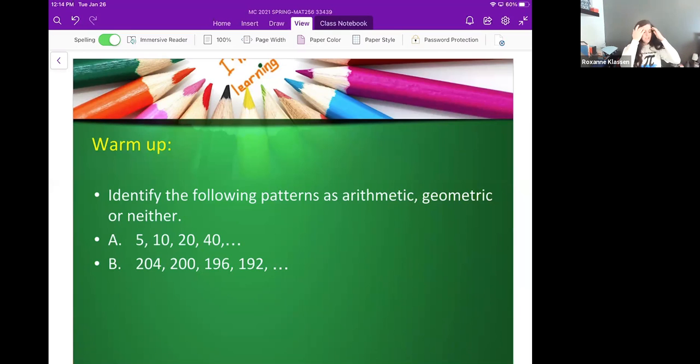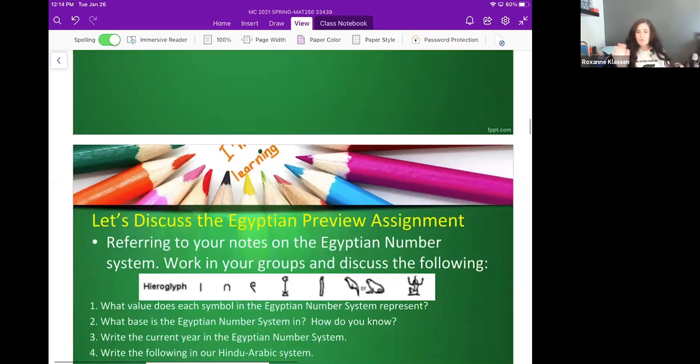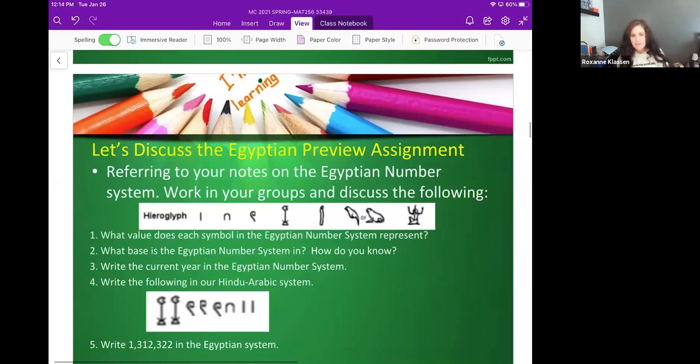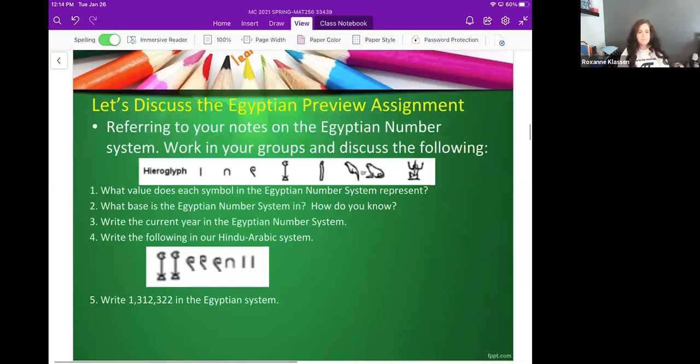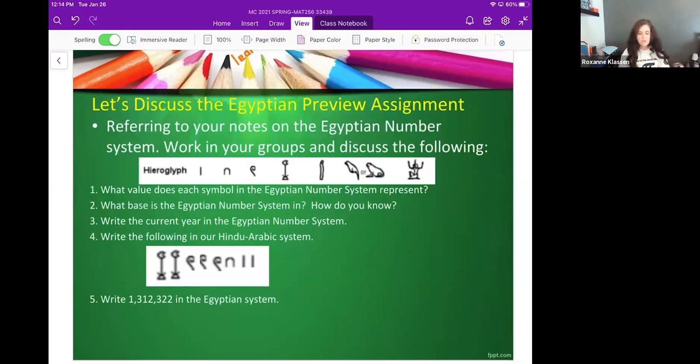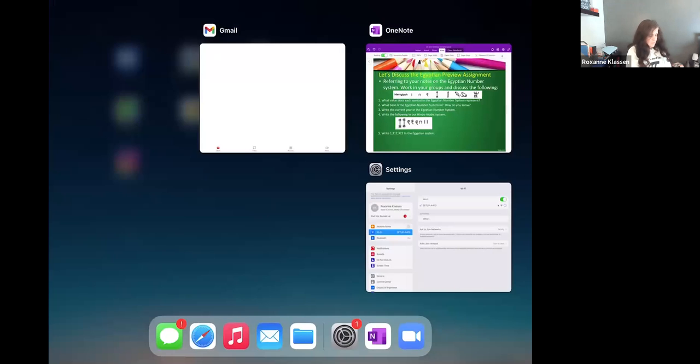Let's discuss the Egyptian preview assignment. So you have your notes, or maybe you made a copy of the other doc already. If you did, you could scroll down to where you see the Egyptian and fill in those pages right now. I'm going to stop sharing this, because it seems to be a little glitchier anyway.